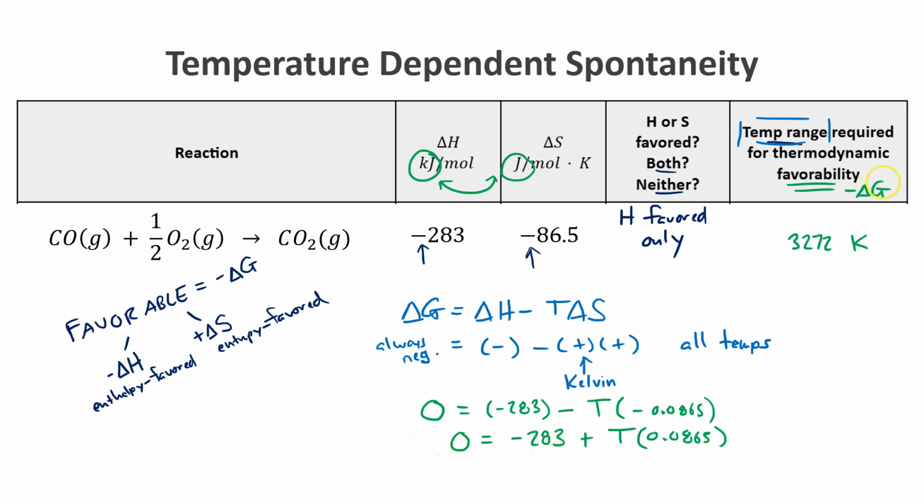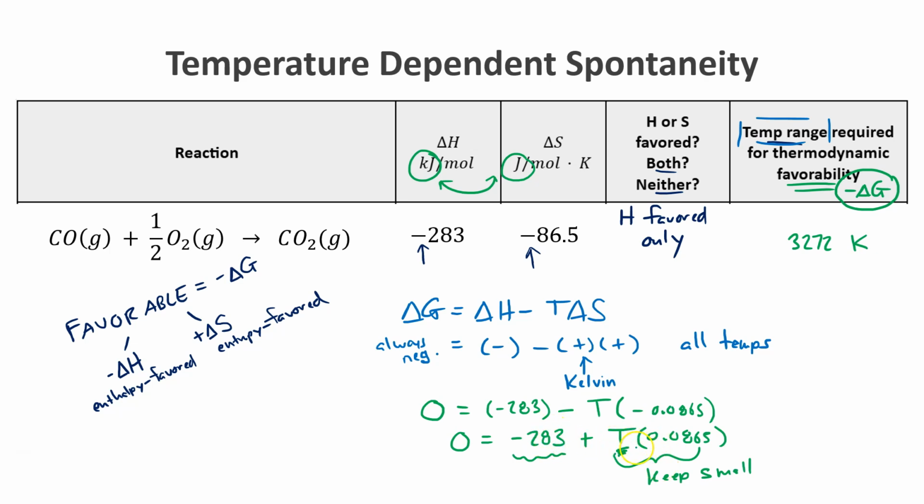Now remember, to be favorable, we need the delta G to be negative. So you got to think about what sorts of temperatures, high temperatures or low temperatures, are going to allow this delta G value to be negative. And it's all based on the fact that the delta H value is already negative. And because the delta H is already negative, I need to keep this T delta S term small, at least smaller than 283.